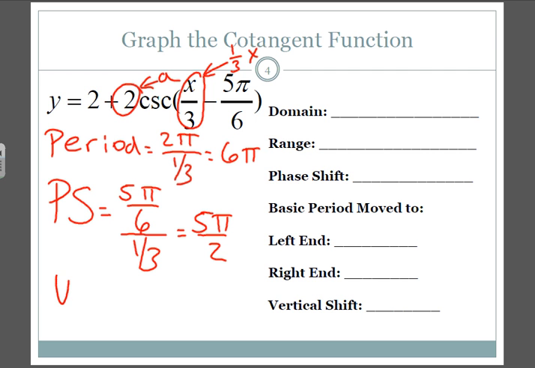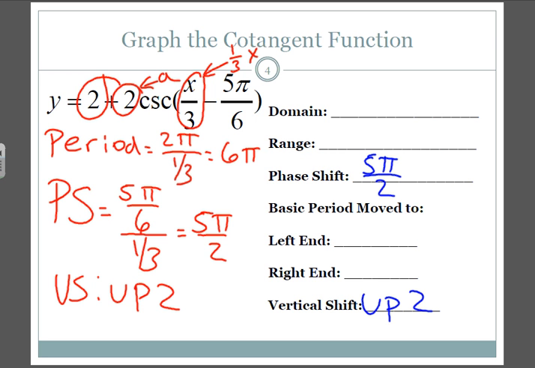And then your vertical shift is up 2 because of this 2. So if you need to pause the video to take that down, feel free. I'm just going to write down the stuff that we got. We know that our phase shift is 5 pi over 2. We know that our vertical shift is up 2.